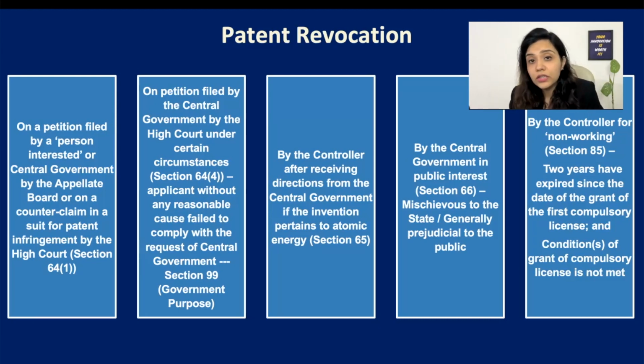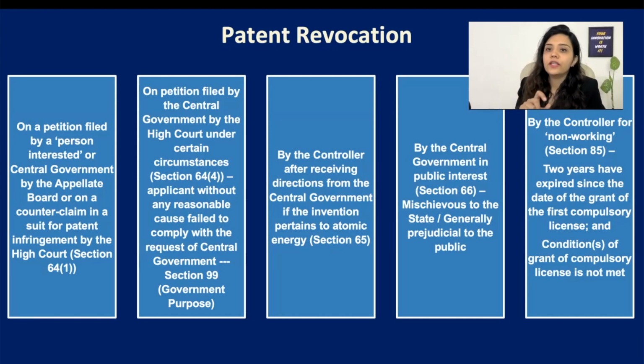For the next 2 years, even after granting a compulsory license, the patent was still not worked in India and the conditions for granting the compulsory license were not met. In that case, the controller can revoke the patent, saying that it is a revocation under non-working. So non-working only happens when a compulsory license is granted and 2 years have elapsed and still the patent is not worked in India.